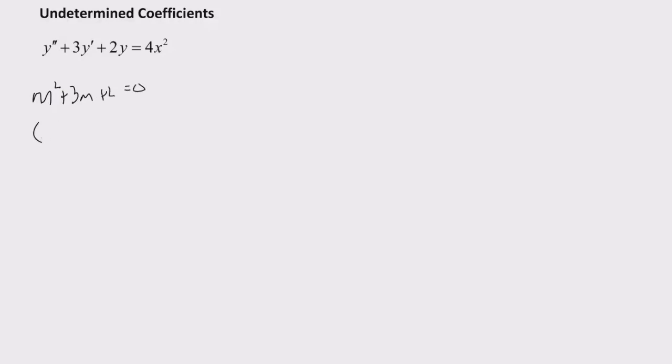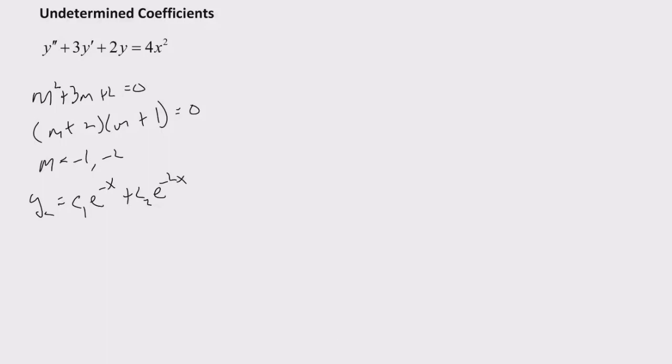And then I'm going to factor, so that's m and m, and it looks like a 2 and a 1, so plus, plus. All right, so I get solutions of -1 and -2, which tells me that my complementary solutions look like C1 e to the -x plus C2 e to the -2x.